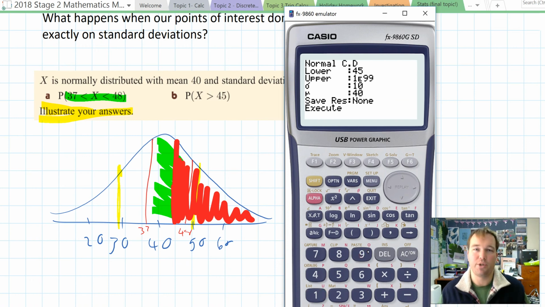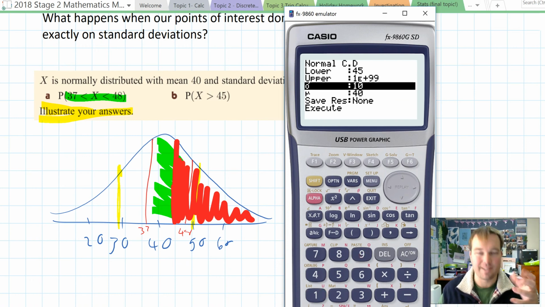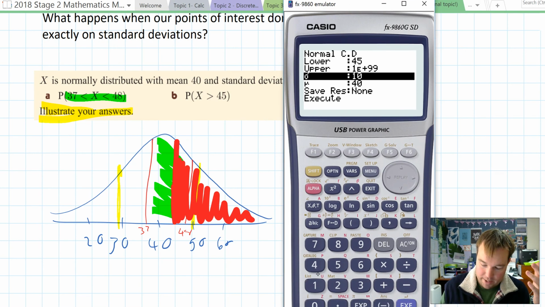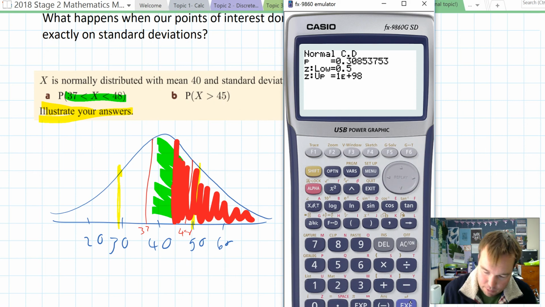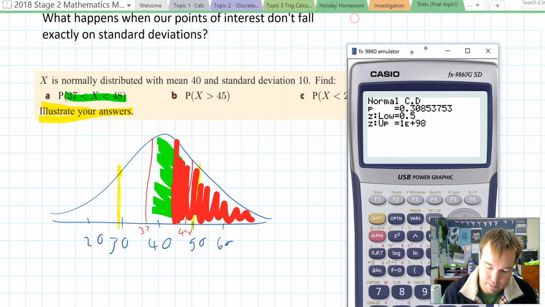Now, in theory, we should be able to set them to infinity, but our calculator doesn't actually let us go to infinity. So if you type in 1 exp 99, that is 1 times 10 to the power of 99. It's so close to infinity that the calculator won't know the difference. And then we hit execute, and we can see the probability that we fall in that region is 30.8%.